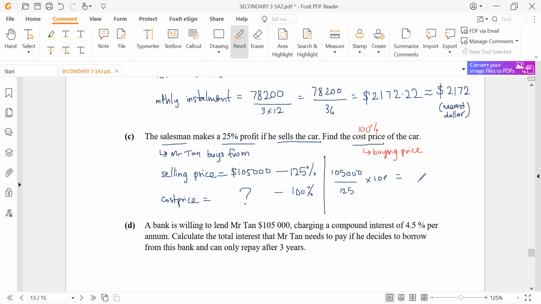So the answer is $84,000. In other words, the salesman bought it at $84,000 and he sells it at $105,000. So he gets a profit of 25%.